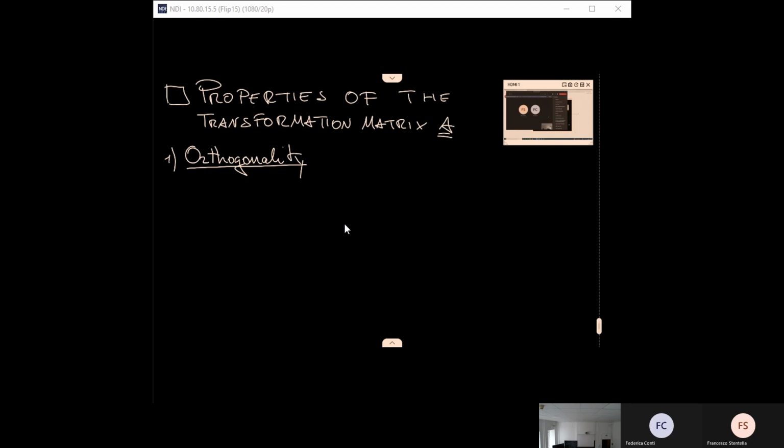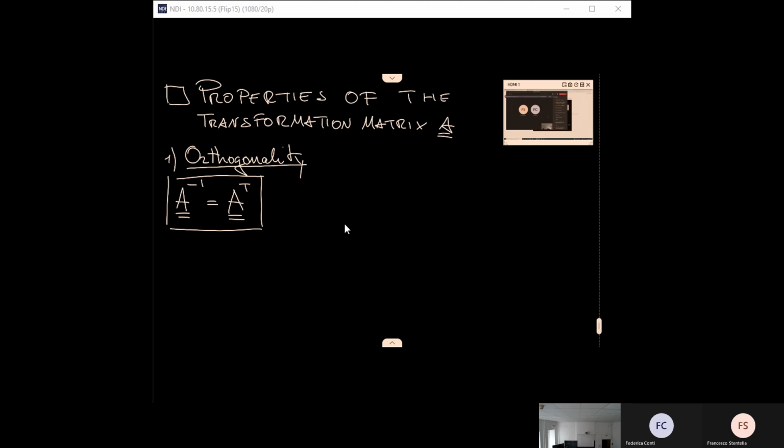So the orthogonality of a matrix holds when the inverse of the matrix is equal to its transpose. That's the definition of the property of orthogonality. So we have to demonstrate that.